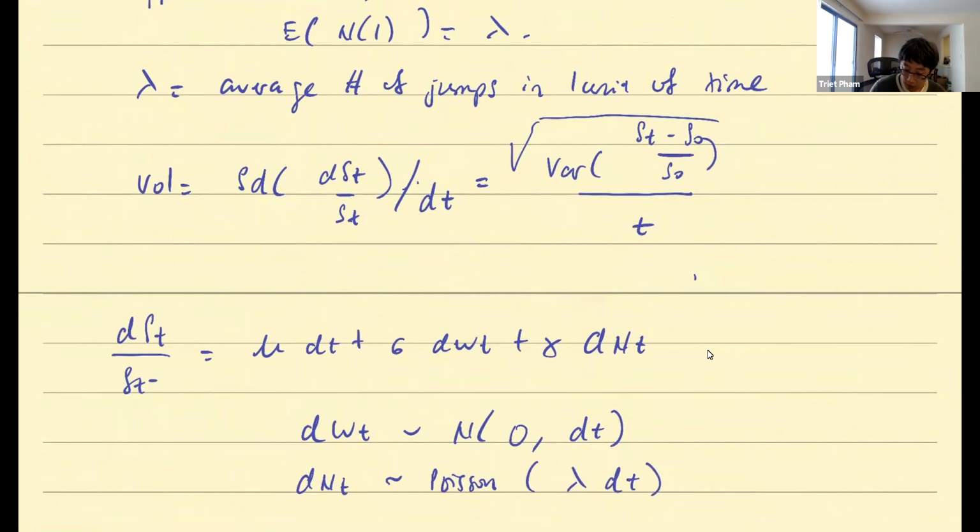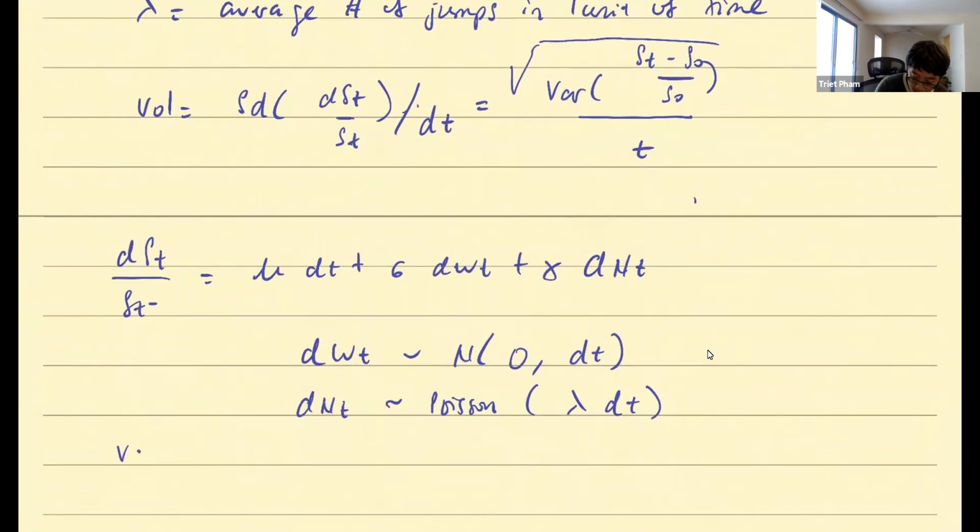So the variance of this guy will be the variance of this, which is sigma square dt.